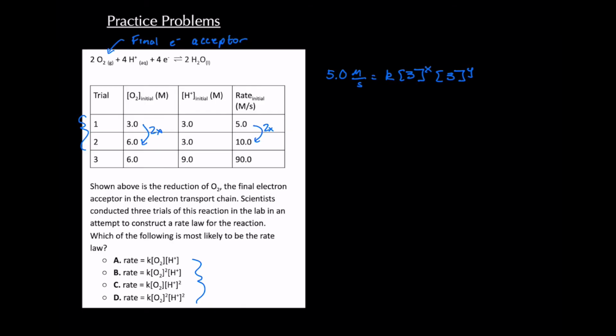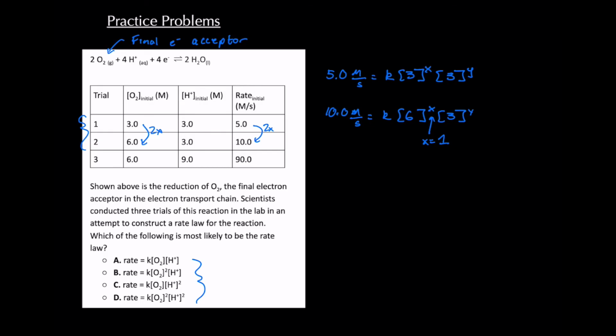Now, this should make sense if our exponent x is 1. So if we have 10.0 molarity over second equals k times 6 to the x, and then 3 to the y, the only way this will necessarily be true is if x is equivalent to 1.